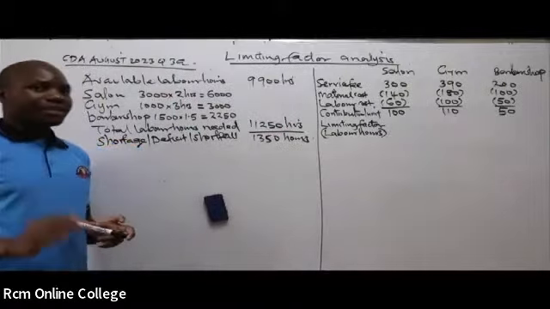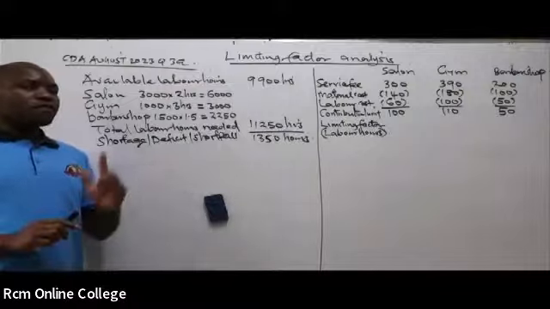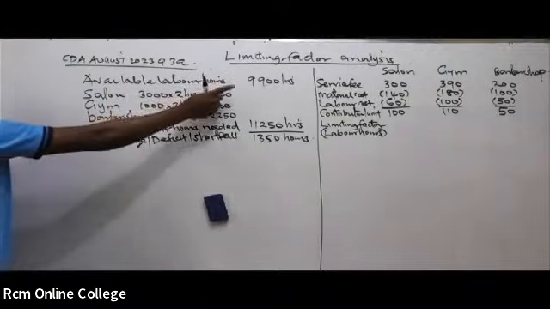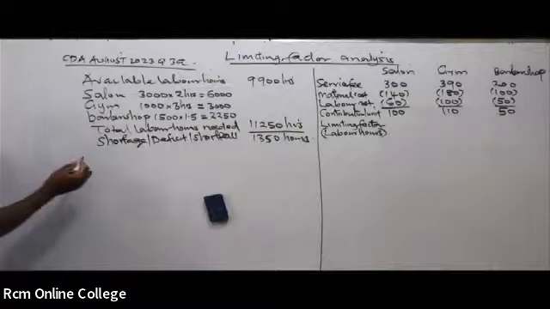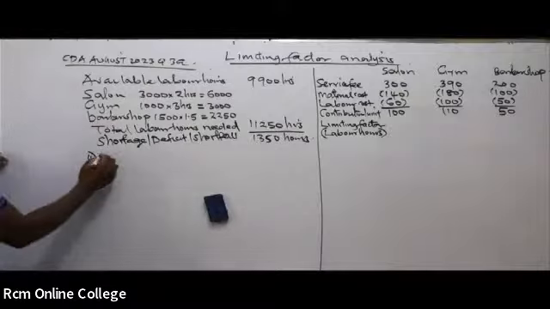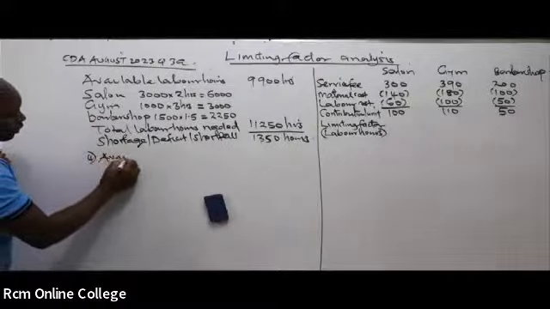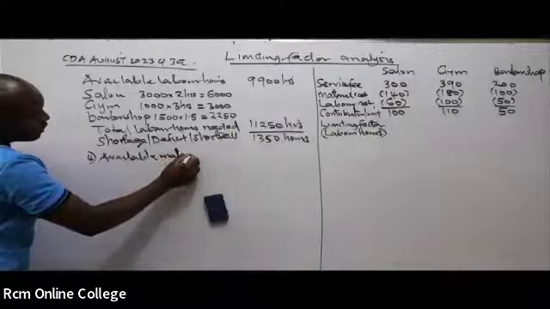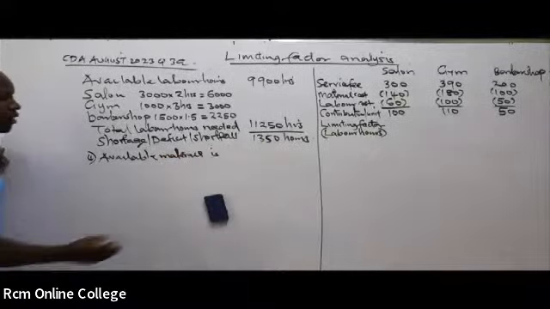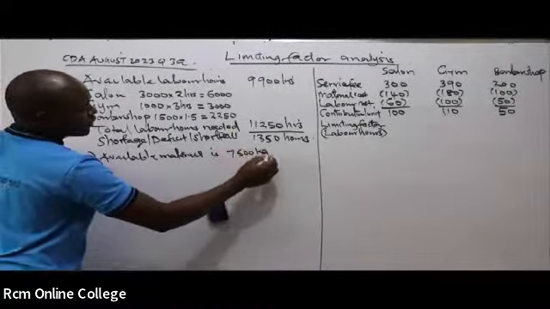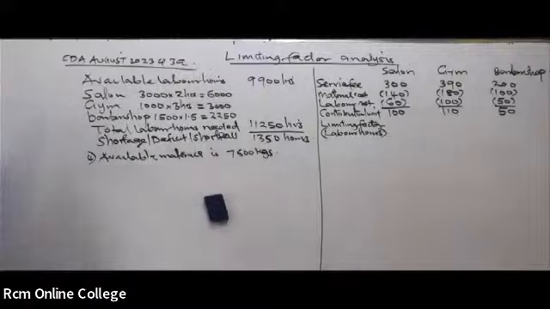Actually, in your August exams, don't be surprised if you're able to see these two things. Remember, additional information number 3 is telling us available labor hours is 9,900, right? Then information number 4 comes in and tells you available material is 7,500 kgs. Don't be surprised if you see that.